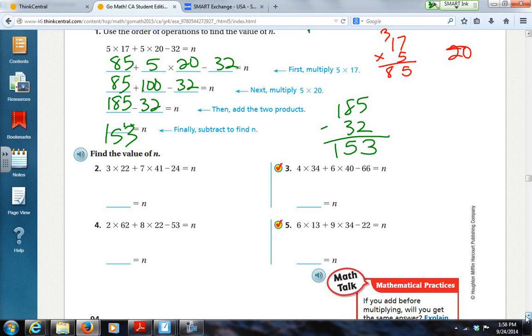Find the value of n. I got all these numbers. What am I going to solve first? Levi, what am I going to do first? I'm looking at number 2.